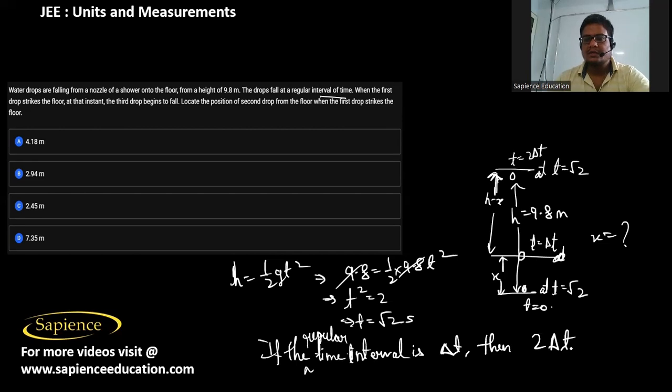So 2 delta t will be equal to root 2 seconds. So delta t will be equal to 1 by root 2 seconds. So the regular time interval after which each drop will fall is 1 by root 2 seconds.